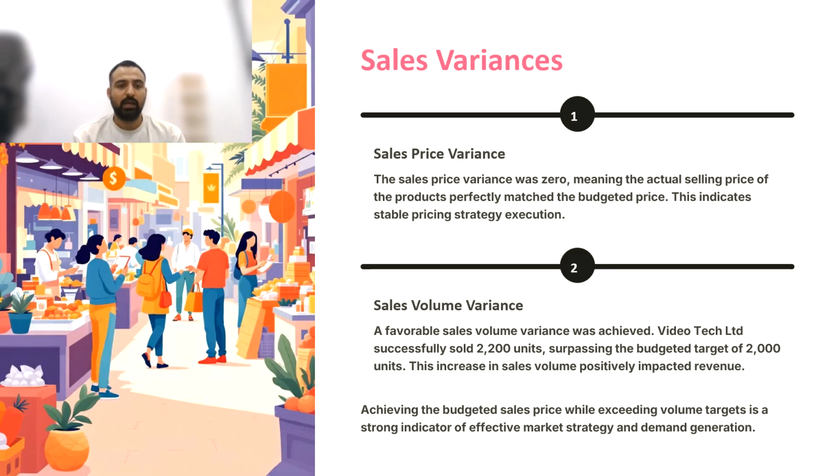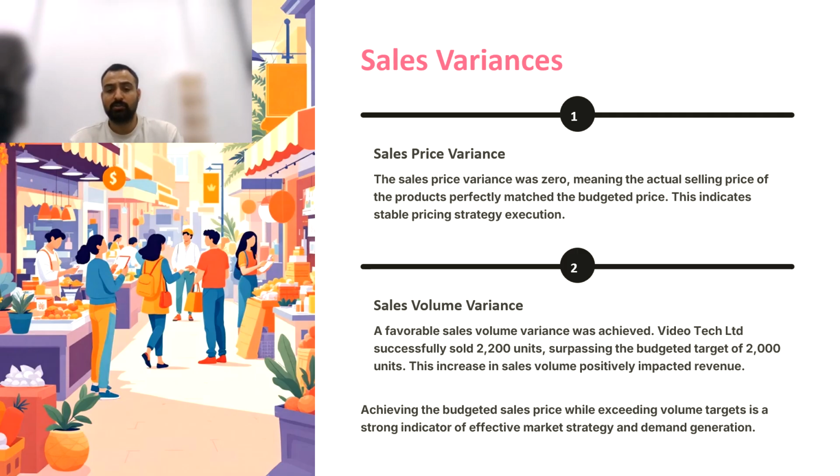Now, talking about sales variance, the sales price variance was zero, meaning the actual selling price matched the budgeted price exactly, which reflects a stable and well executed pricing strategy. And the company also achieved a favorable sales volume variance.